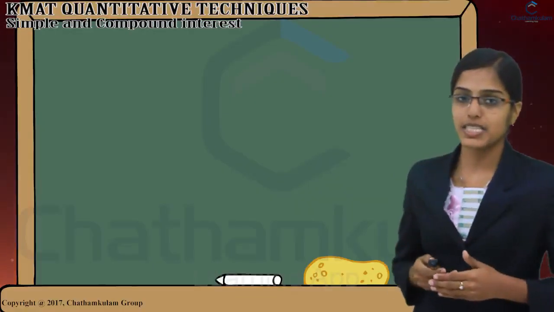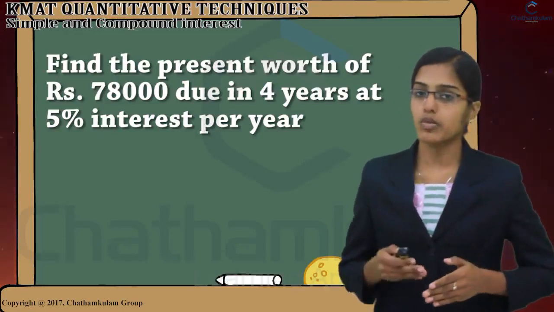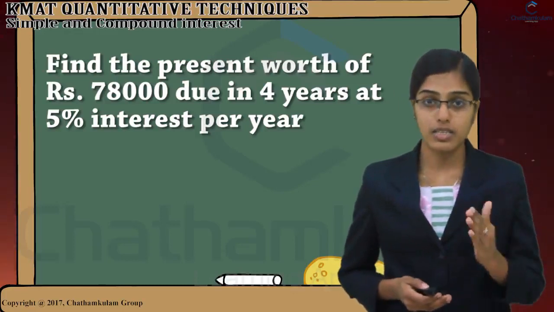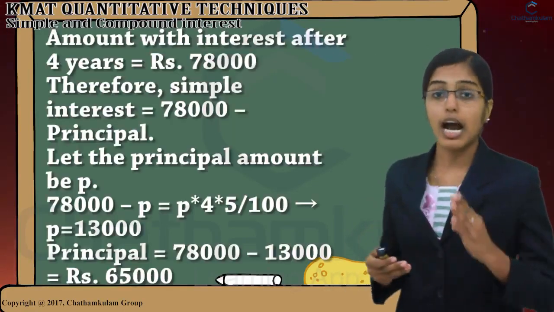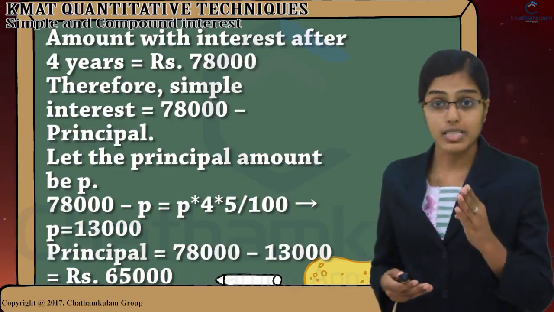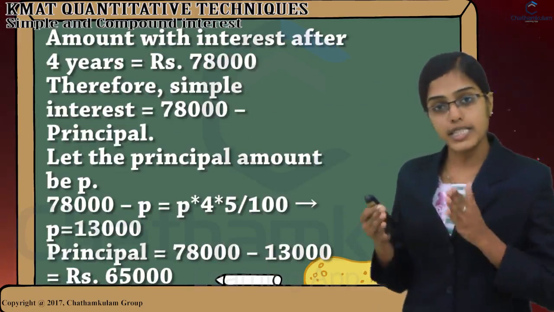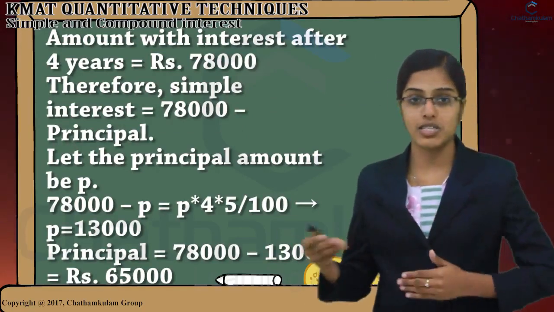Our next question is that find the present worth of rupees 78,000 due in 4 years at 5% interest per year. So amount with interest after 4 years, that is equal to rupees 78,000. Therefore, simple interest that is equal to 78,000 minus principal.